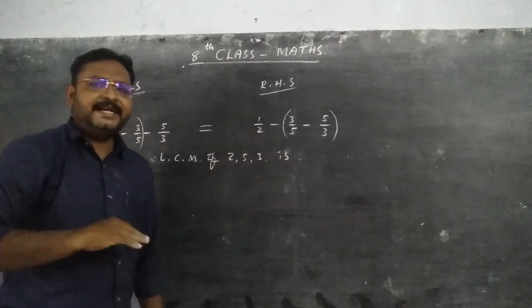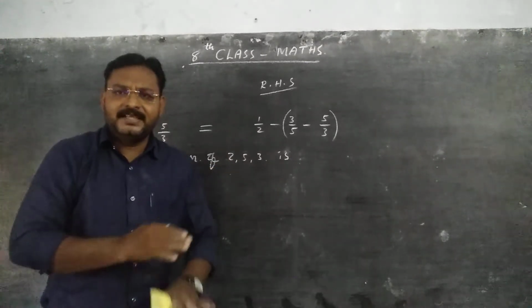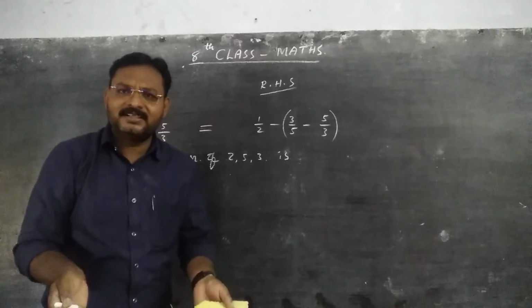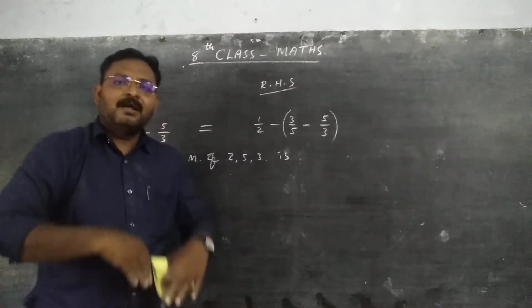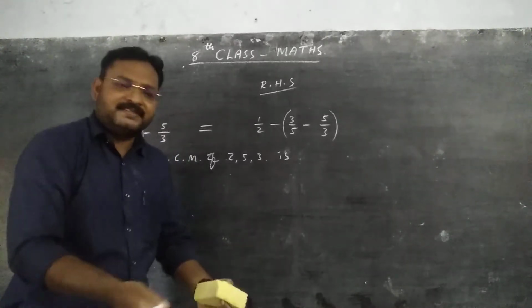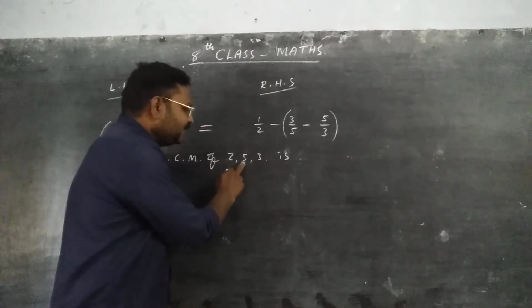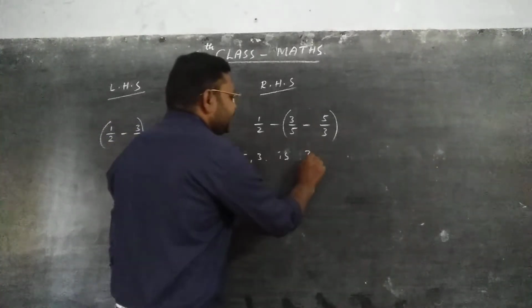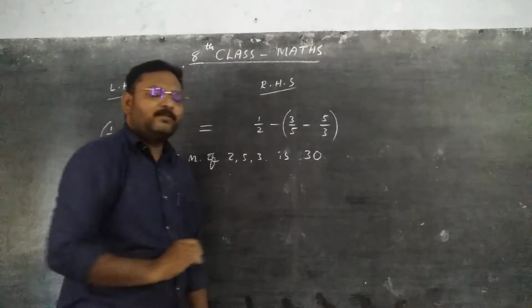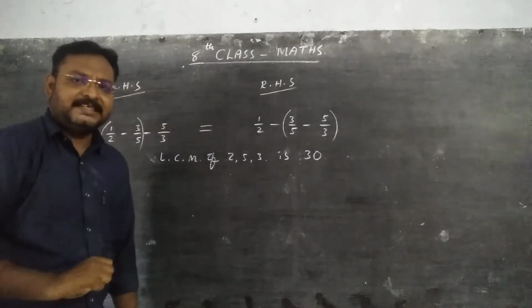So the 3 denominators are not factors of each other, so the product of the 3 numbers, 2 fives are 10, 10 threes are 30. 30 is the LCM of the denominators.